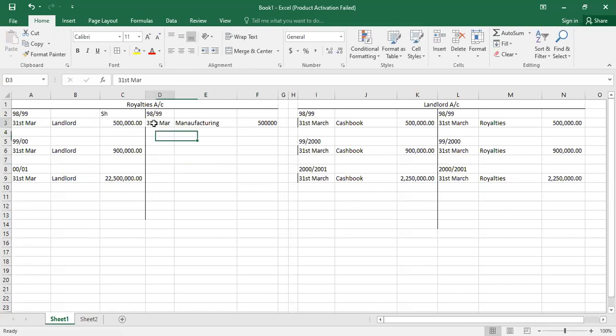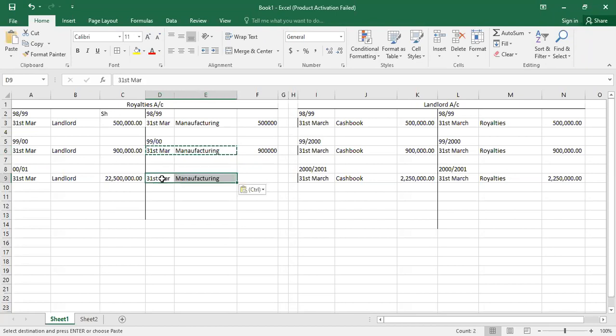I again do so as at the end of the financial year ending on 31st March 2000. So this is 99, 2000. I'm closing it with the 360. And then the same. It's refusing to copy.